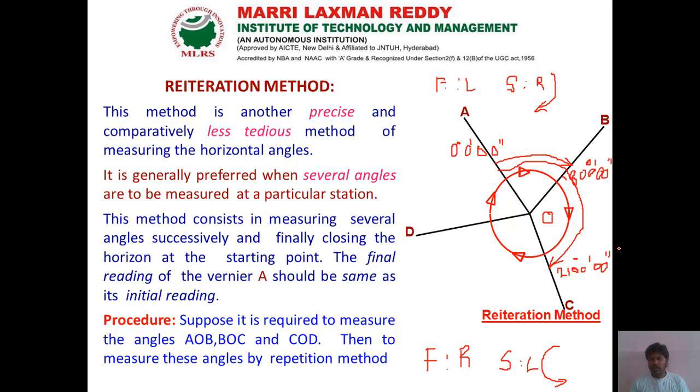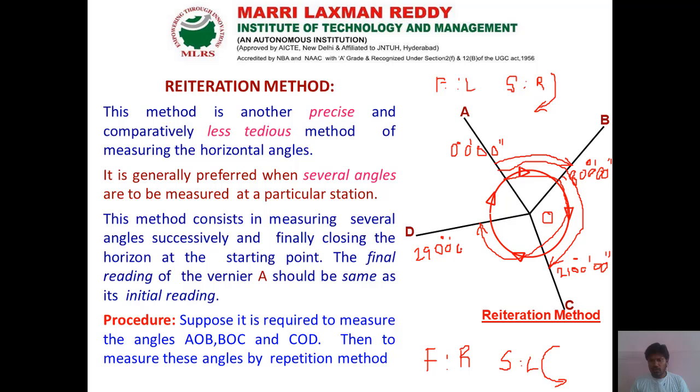Again, I loosen my upper clamp screw, focus on and bisect point D accurately, and tighten the upper clamp screw. Now I read the vernier A and B scales to get the angle readings. For example, I get an angle of 290 degrees here. This is my third point.